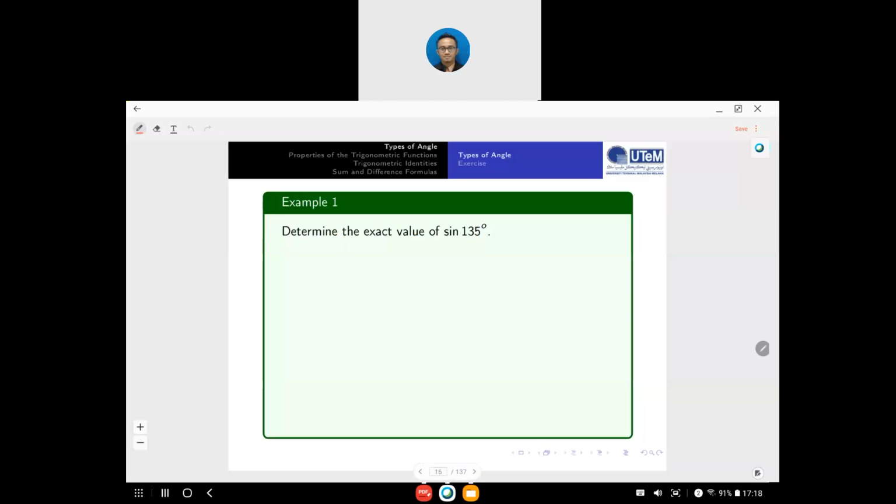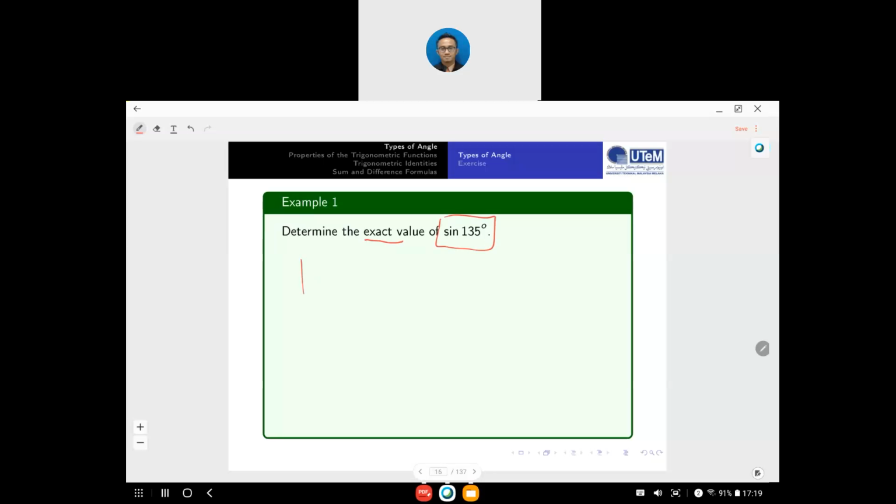Okay, looks on the example 1. Determine the exact value of sine 135. Okay, if the question asks you to find exact value, so you cannot use calculator. Okay, you must use the value that in the special triangle.